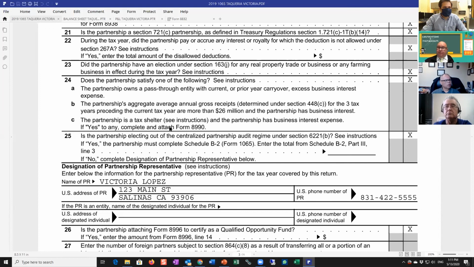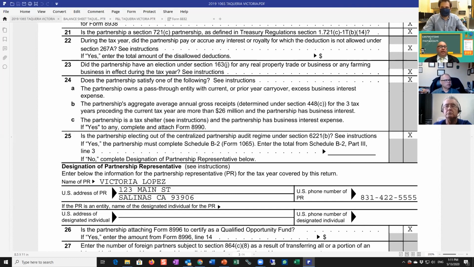If you have 3 years in a row with an aggregate of $26 million of receipts, then that's going to be a yes. That's automatic. And what does that mean? That means you've got more work for you, more kaching, like my friend Frank Pasquale likes to say, and you have more forms to complete. But we're not going to go into detail. I'm not going to fill in that form, just so you understand what it is.